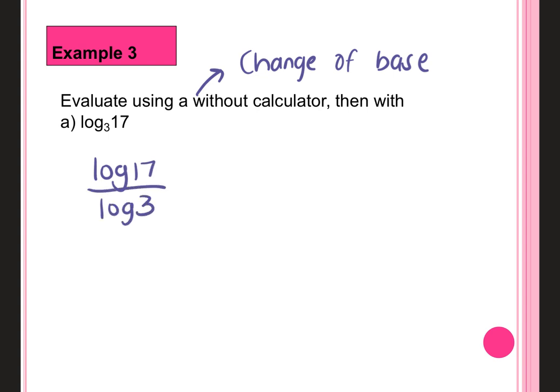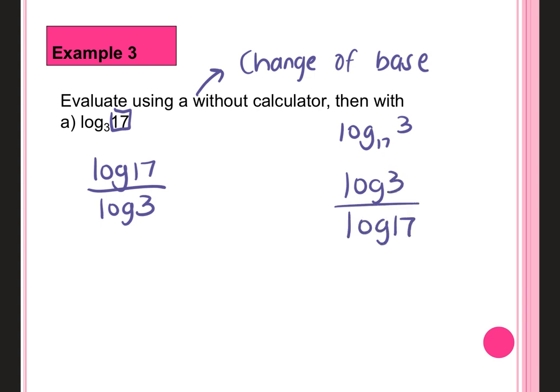That is called change of base, and that is a ratio of common logs. Think base bottom. So the base on the log always goes in the bottom. So if it said log base 17 of 3, now it's log 3 over log 17. So whichever one is physically larger, not by value, goes in the top, okay?